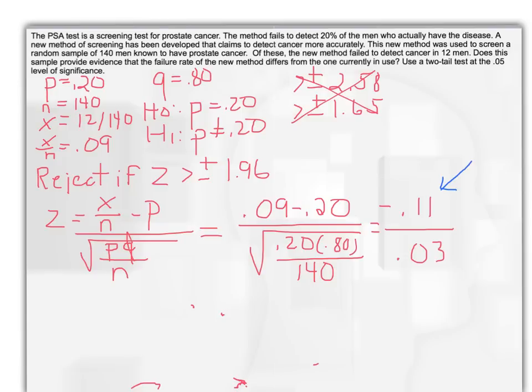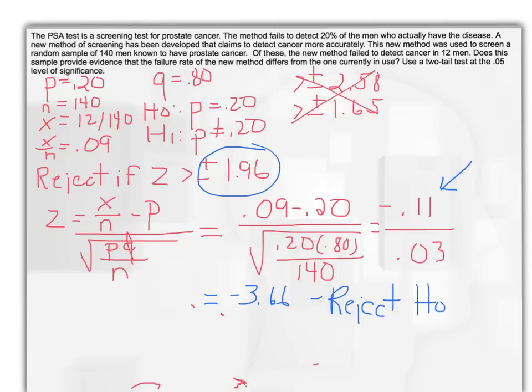So when you divide the expected standard error, this expected difference, into the actual difference that you got, you will get a z-value equal to negative 3.66, which is far to the left of negative 1.96, and we reject the null hypothesis. And conclude that the new method is better than the old, or it's different, and in fact better than the old method.